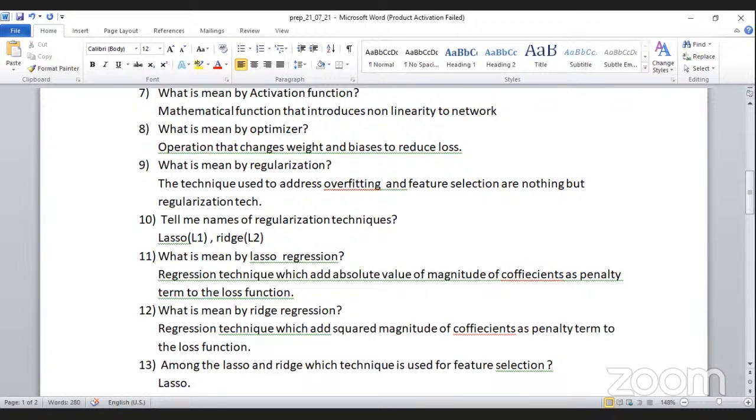Yeah, so the penalty term tends to zero in lasso.